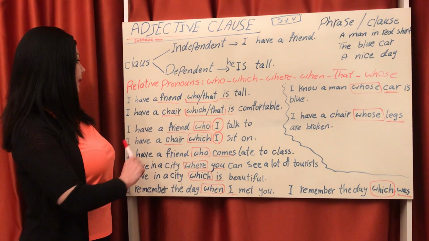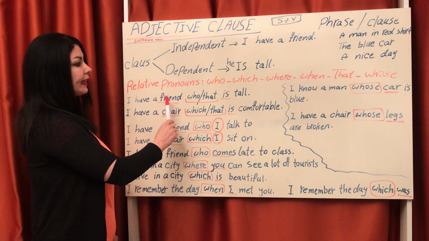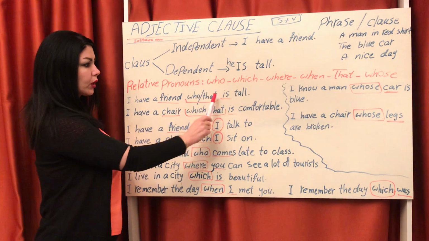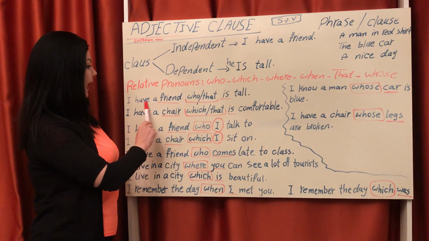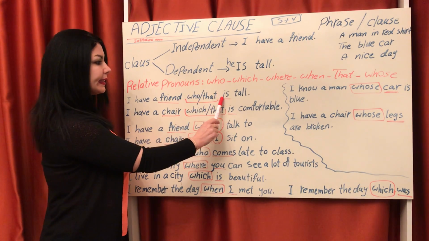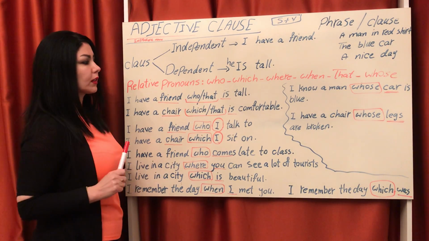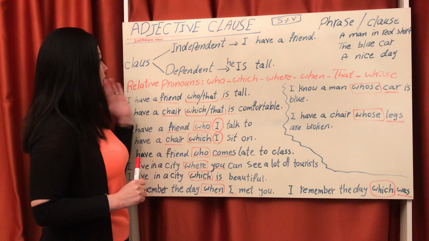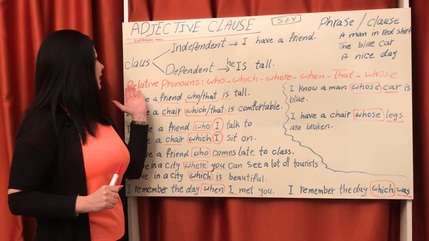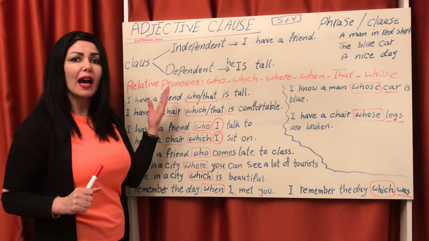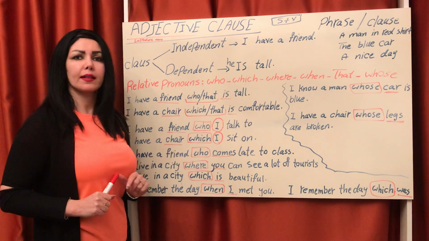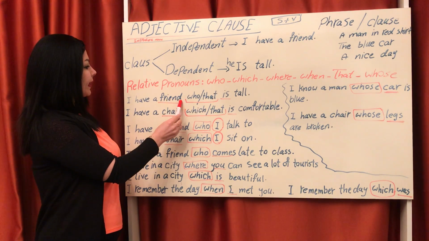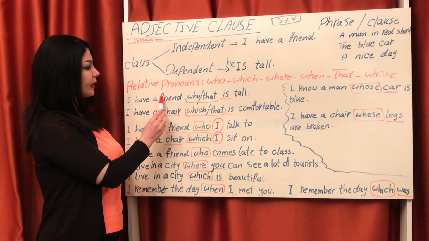Look at this example. I have a friend is tall. We have two clauses. We want to stick these two clauses together, so we want to use a relative pronoun. Which one is good? We look at the noun here.